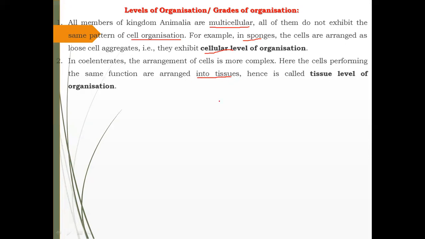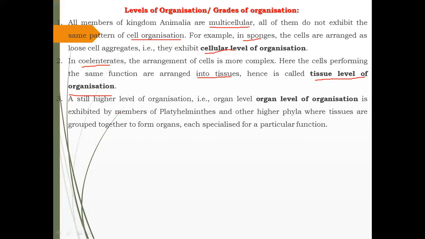Arrangement or group of cells make a tissue, that is called tissue level of organization. समझ में आ रहा है क्या? Number of cells are coming together and they make one tissue, that is called tissue level of organization. It is present in coelenterates.